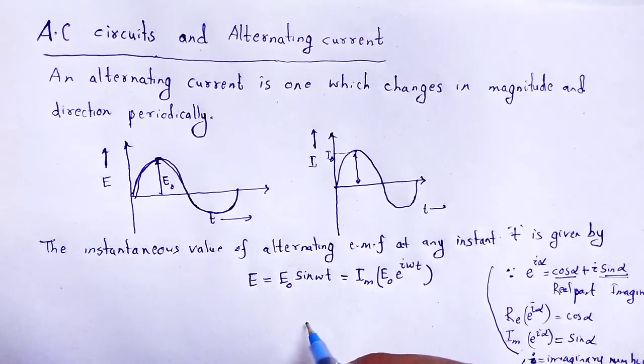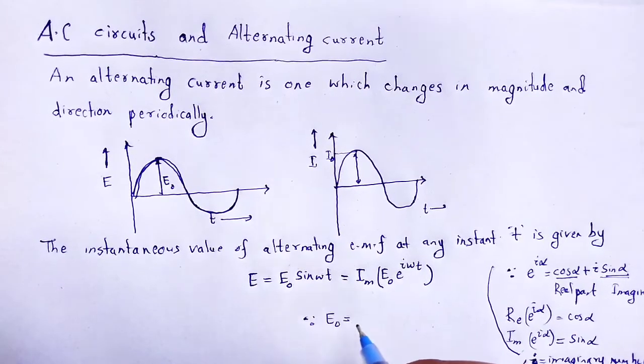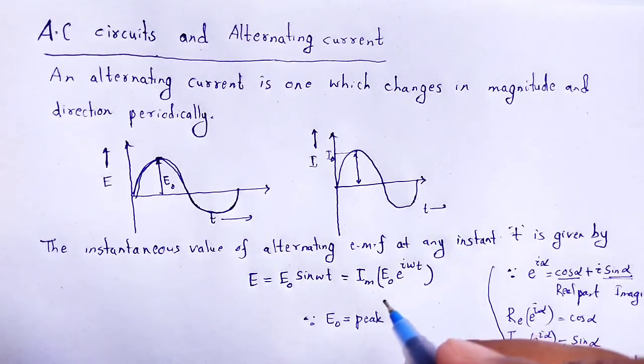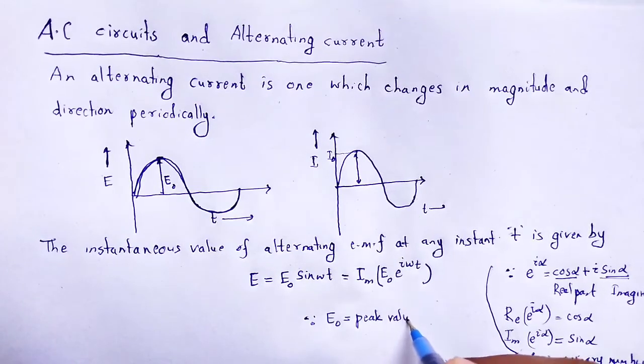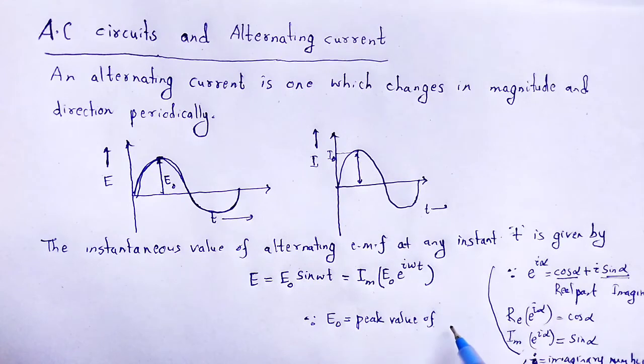And the terms like E naught is the peak value, or we can say the maximum value, of the alternating EMF.